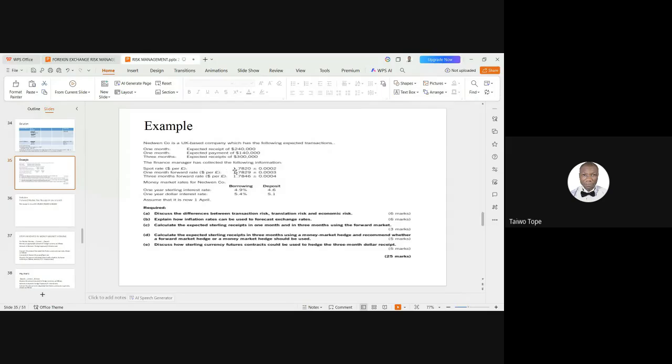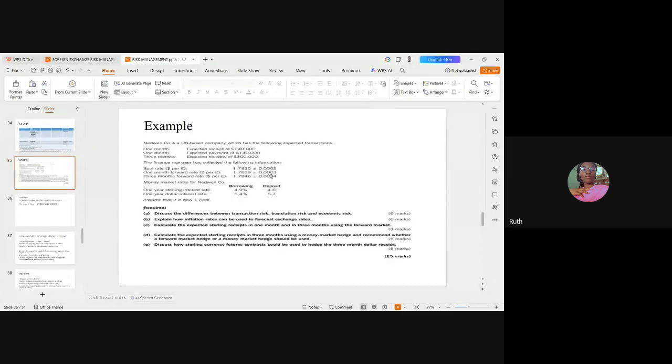Spot rate 1.7820 plus 0.002 will give you the higher value, 1.7822. Okay, 1.7822, the higher value. That is the payment.